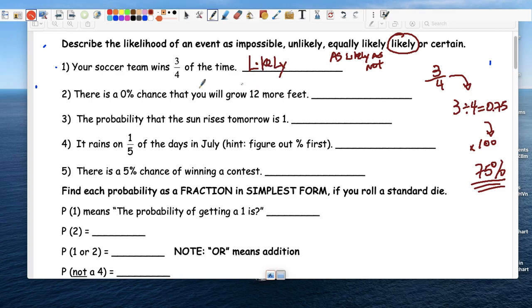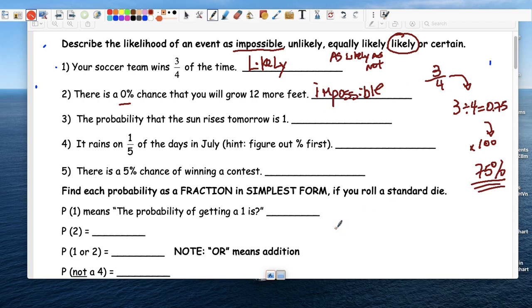Good chance. 0% chance that you will grow 12 more feet. Well, that's for sure. So 0% would be impossible. The probability that the sun rises tomorrow is 1, right? The sun will rise tomorrow.